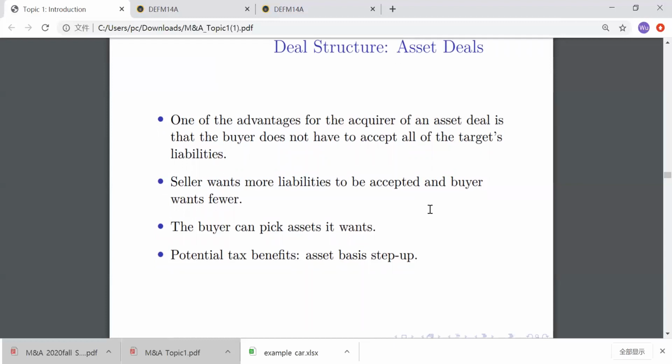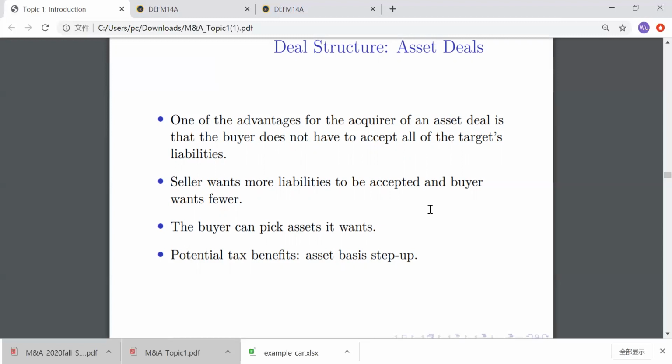And there are also potential tax benefits from asset deals, because the buyer can pick whatever assets they want to include in the final company. This tax benefit is called asset basis step-up. These benefits can come from the buyer raising the value of the acquired assets to the fair value of the market.